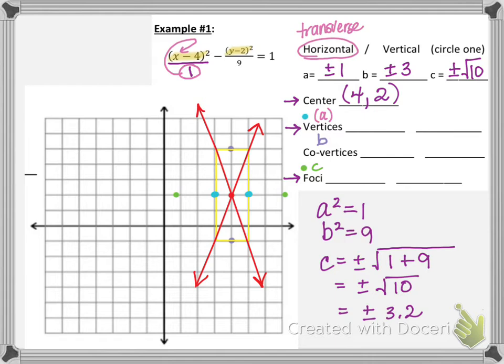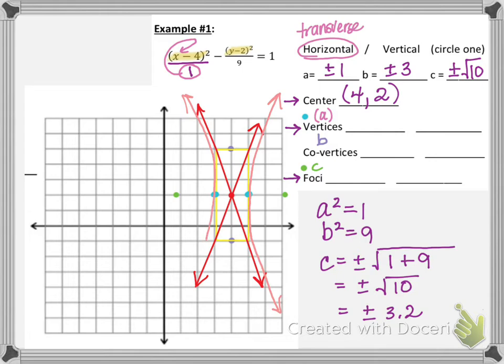From that blue dot, you're going to curve your graph close enough to that box and close enough to the asymptotes, but do not touch them. You're going to do the same thing over here. Then on this side, go to your vertex, curve toward the asymptotes, don't touch, and do the same thing on the other side.